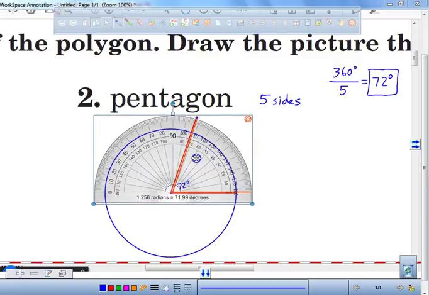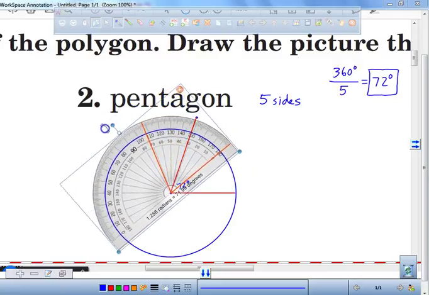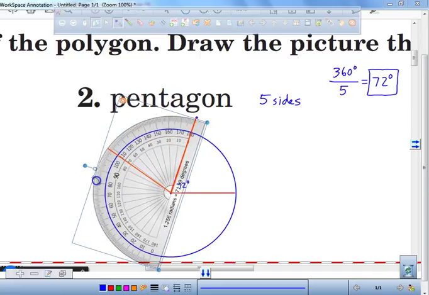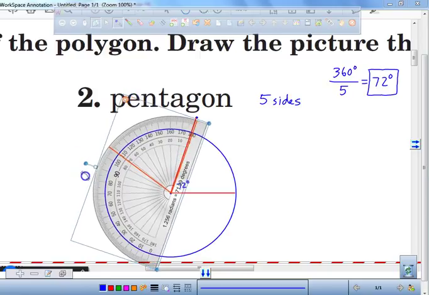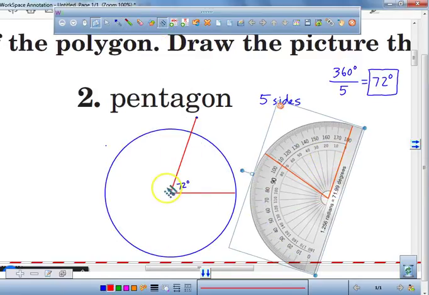Now I'm going to take the same protractor and rotate it. Everybody see how I rotated that right there? Alright. Put a point right about in there. Connect that. And what's the measure of this central angle?